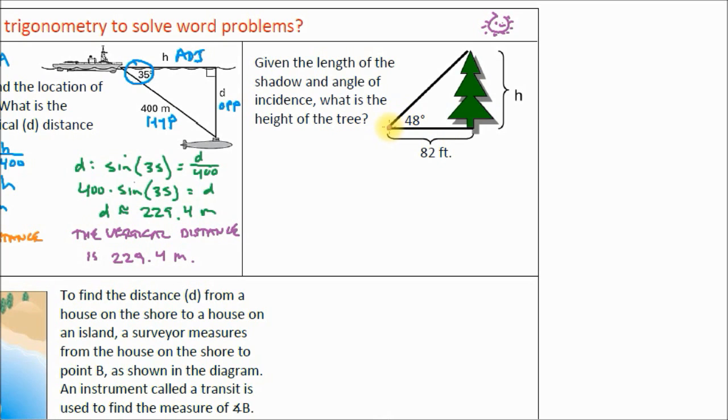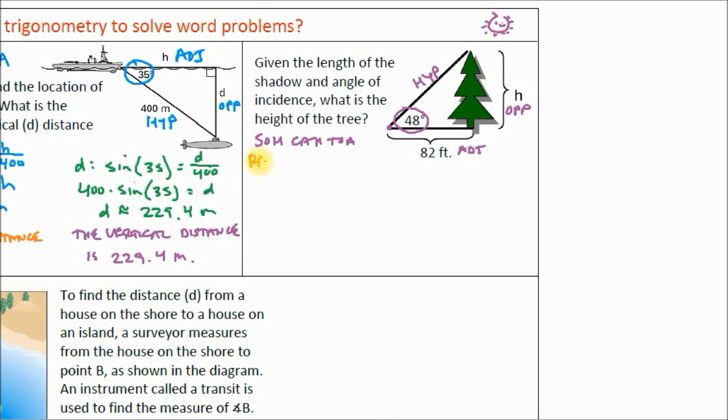Okay, well, we know right now, class, we're going to use this as our reference angle. This is hypotenuse. H must be opposite, and the 82 feet is adjacent to our angle. So we're going to write SOH CAH TOA. Let's go through all the steps now just to practice this again.